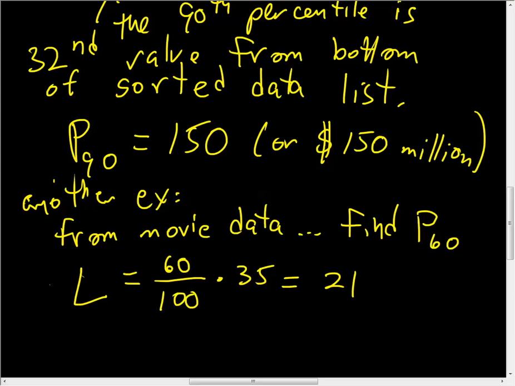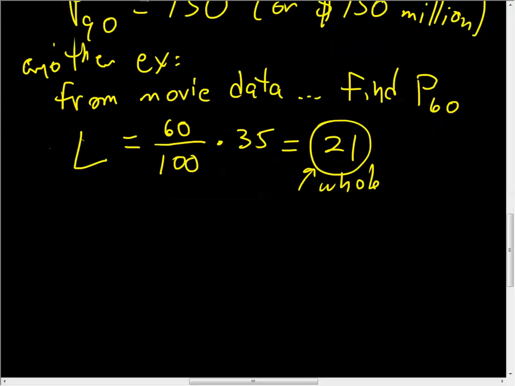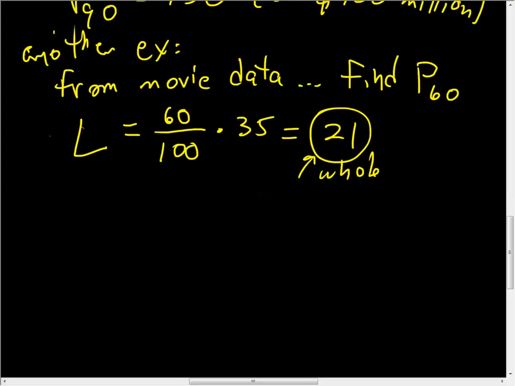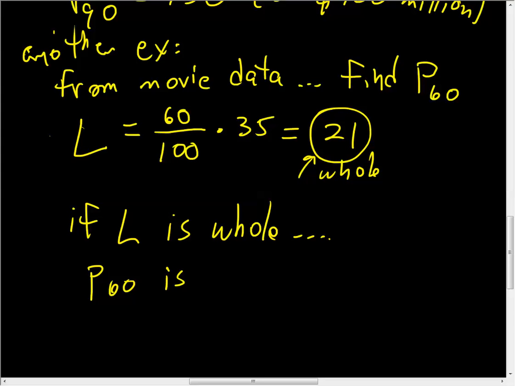Now remember, this is a whole number, and the rule changes a little bit if L is a whole number. In the last example, L was not whole. Let me briefly say here, if L is whole, P sub 60 is the mean of the 21st value on the list and the next one up.